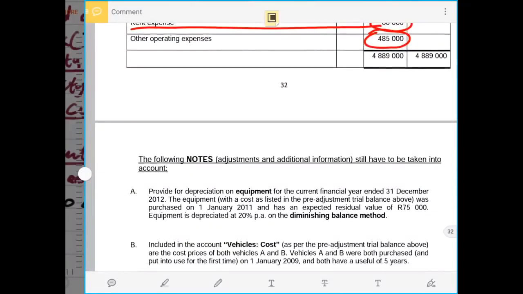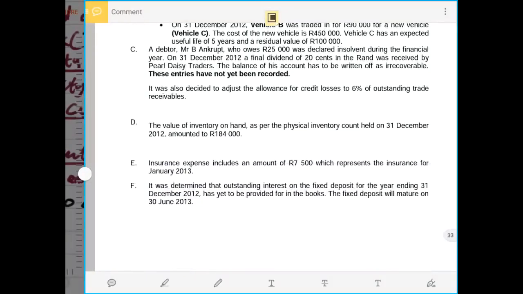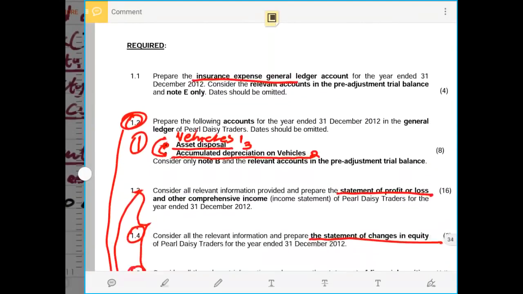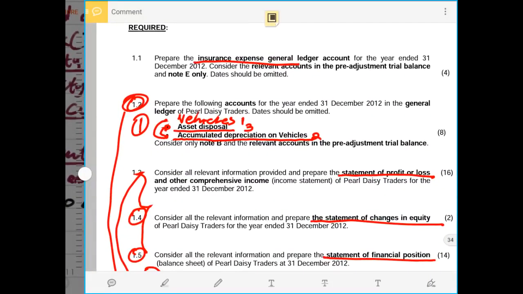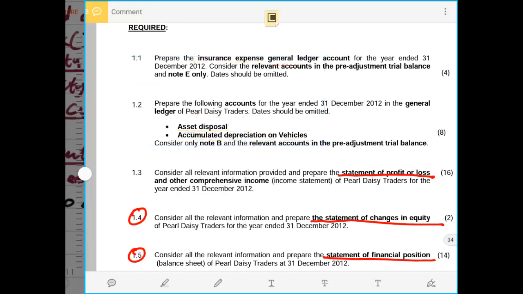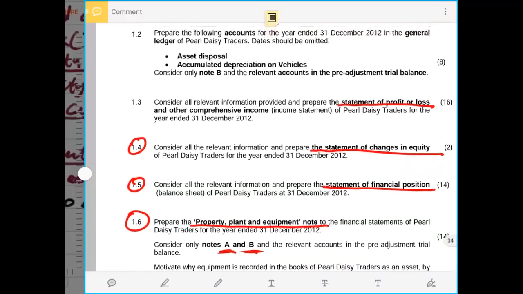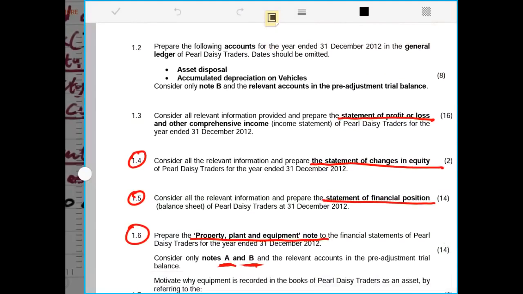So now remember, I told you that I will start with requirement 1.2, then I'll do requirement 1.6. Don't forget that. I don't want you to be lost and wonder what I am doing now. I will start with requirement 1.2, then I will do 1.6 after 1.2.